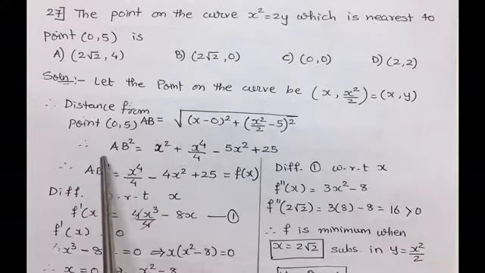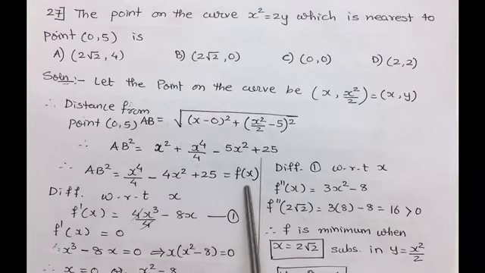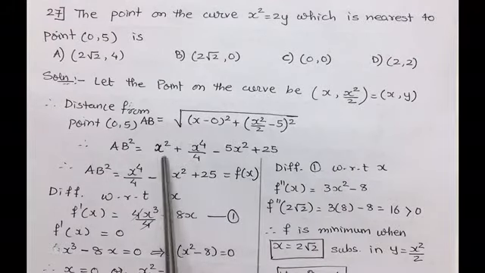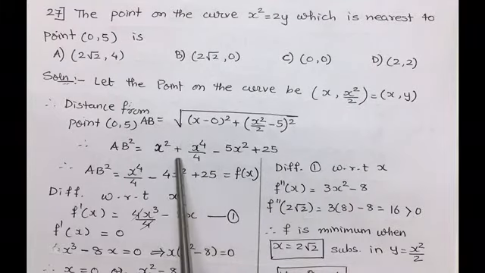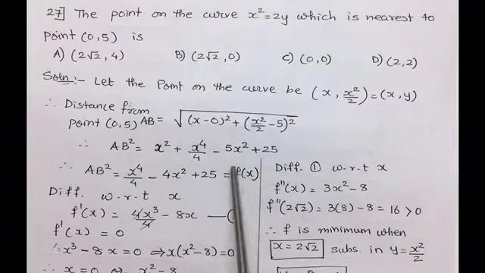Now this AB square we will assume as f(x). So the distance in terms of square will be converted into a function so that the square root can be easily removed while calculating the differentiation.